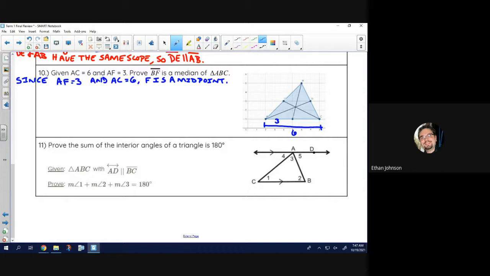Now, there were two things about a median. Has to have one point be a midpoint, and the other one being a vertex, and it also has to go through our centroid.